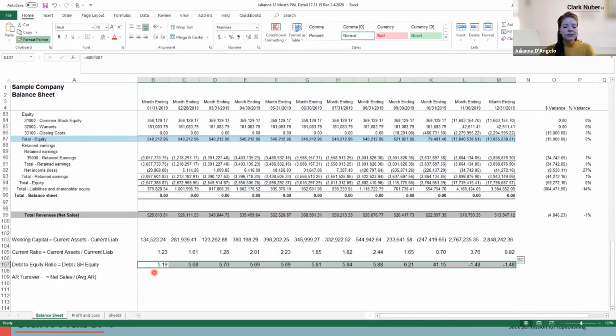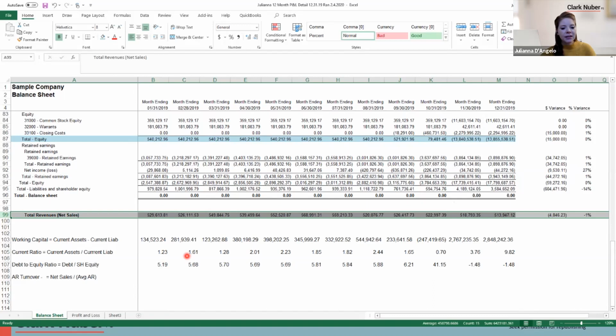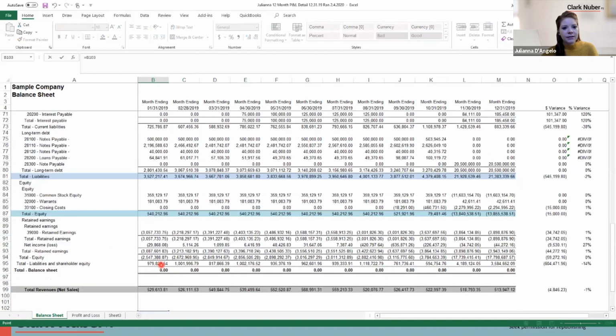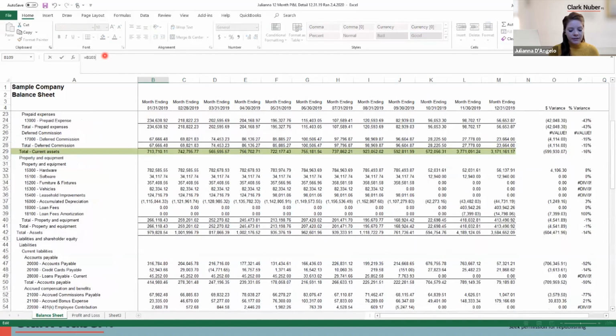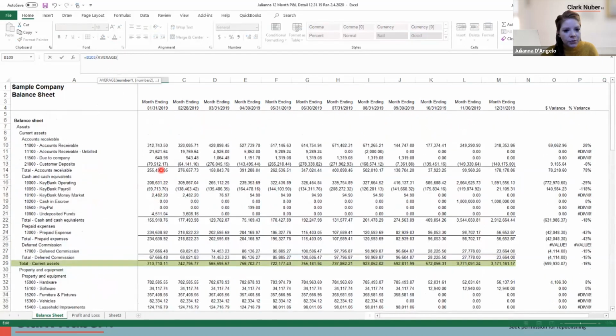And then we have our AR turnover. So this was going to be a little bit difficult to pull, but I actually pulled in the net sales here, so we wouldn't have to go tab to tab. So what we'll do is this equals our net sales divided by our average AR. So we're going to say divided by the average of accounts receivable in the previous month, which we don't have.